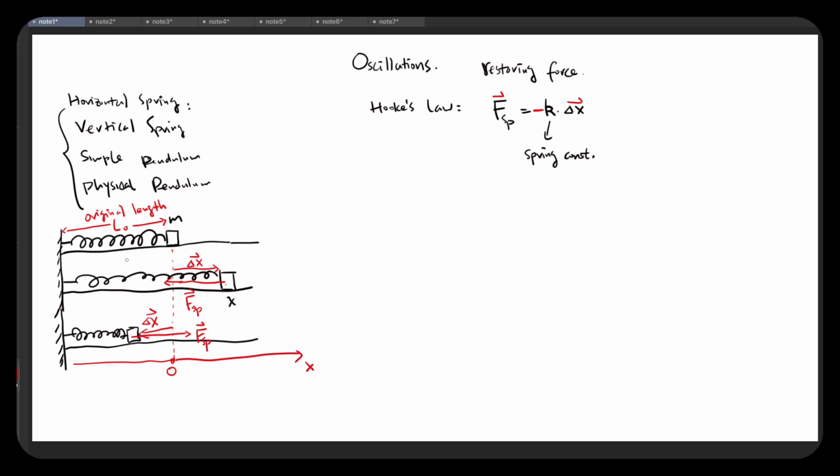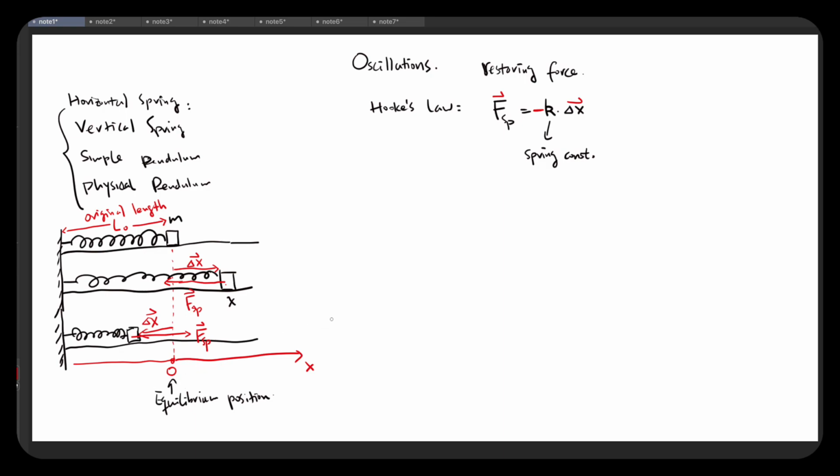Okay, so now with that restoring force, if we set up the system, let's say pull it to this position and then let go, the object will oscillate around this original length of the spring. And because the oscillation is around this position, we call it the equilibrium position. In this setup, the origin O is the equilibrium position.